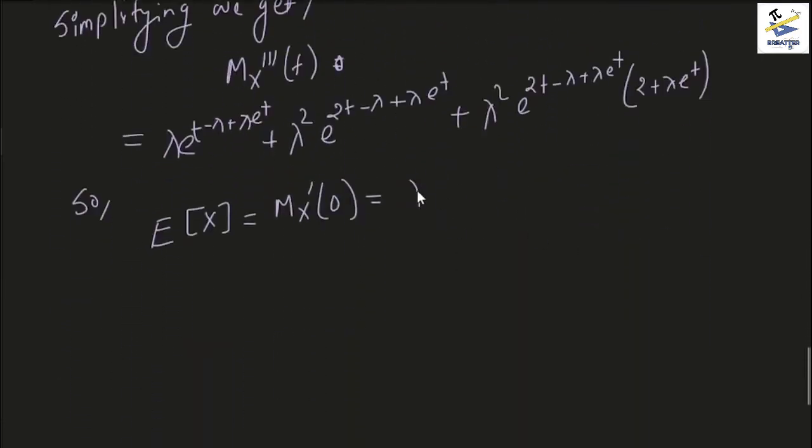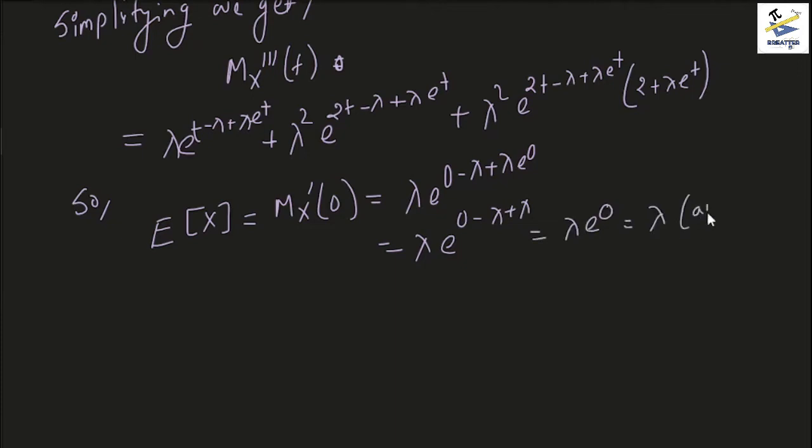So this should be lambda e^0 minus lambda plus lambda e^0, which is lambda e^0, which is lambda. So this one is correct. The first moment is in fact correct.